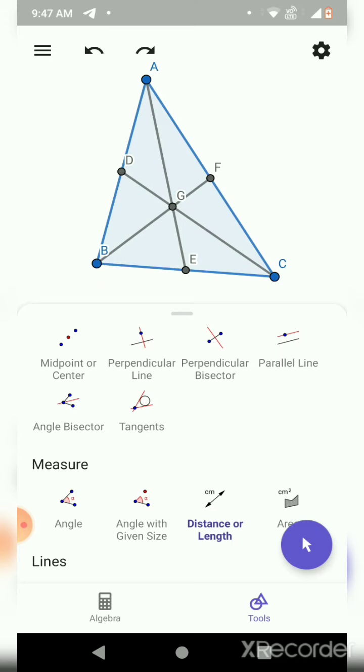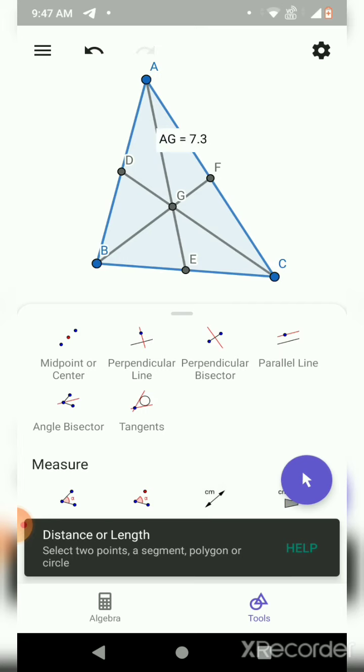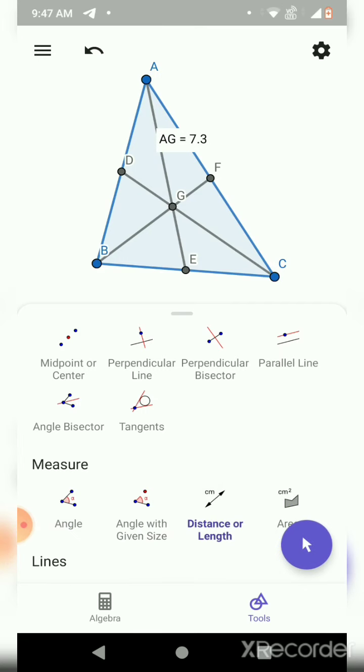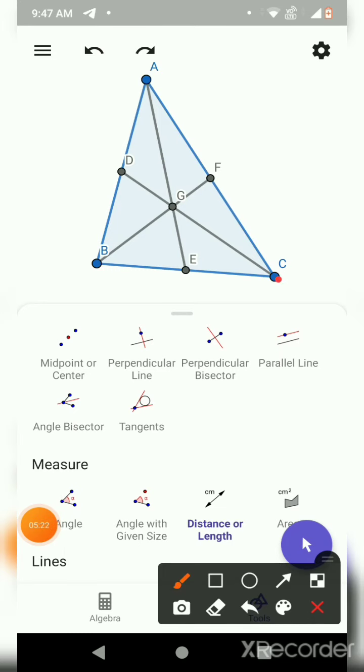If I take another median AE, here let's measure the length of AG. It is 7.3. This we have already done. Now we will take median CD. So here let's measure CG.